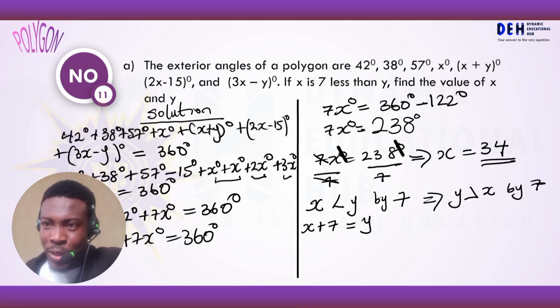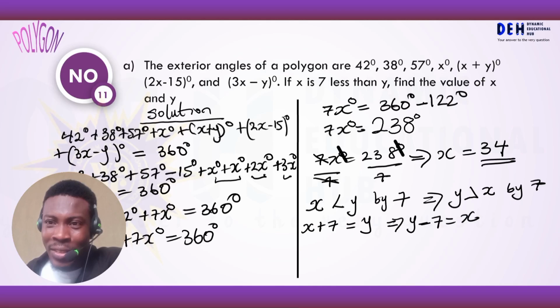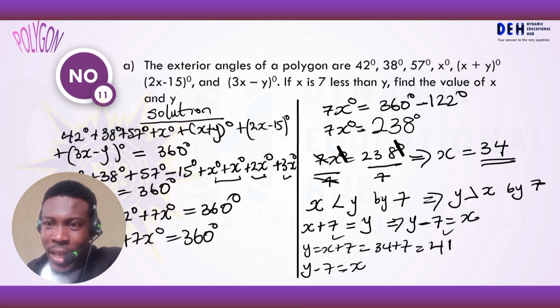It also implies that y minus 7, because y is greater than x by 7, so you remove the 7, is equal to x. Either you use this or you use this to get your y. If you are using this, y is equal to x plus 7, which means 34 plus 7, and that is 41. If you are using y minus 7 is equal to x, y is equal to x plus 7 again.